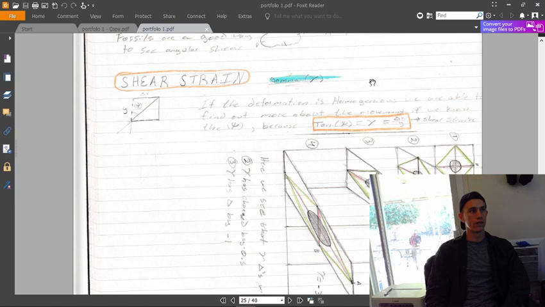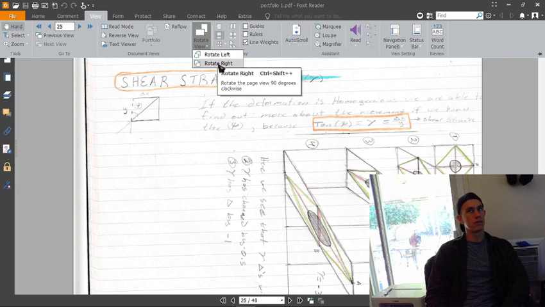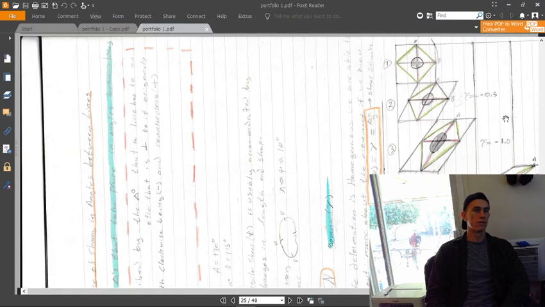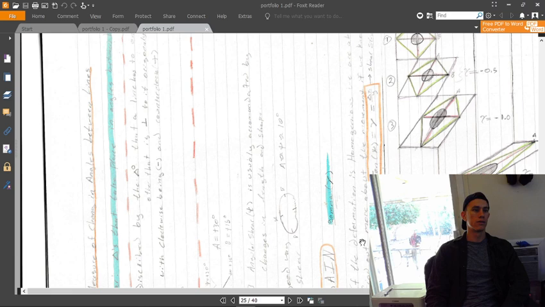So, shear strain, which is gamma. If the deformation is homogeneous, we are able to find out more about the movement. I think I might be able to flip this so y'all can see it. Basically, if the deformation is homogeneous, you figure out the tangent of the angular shear, and that should equal gamma, the shear strain.